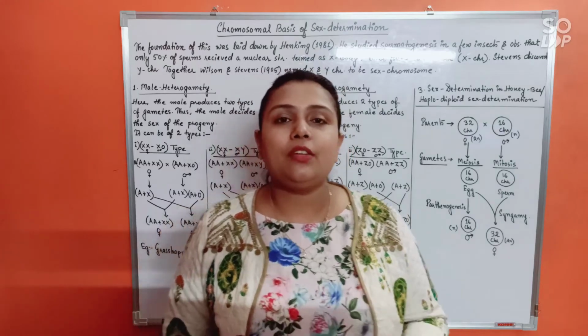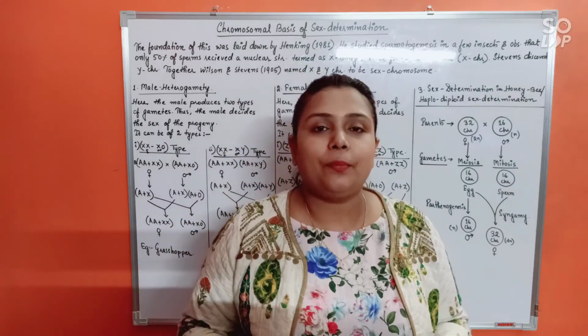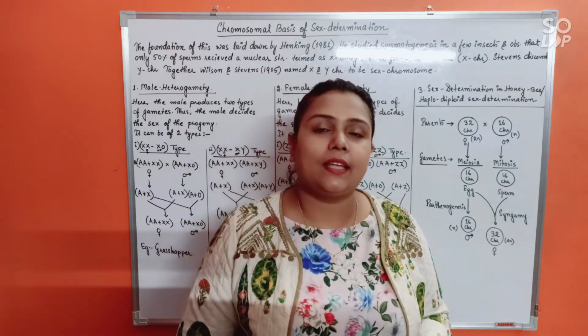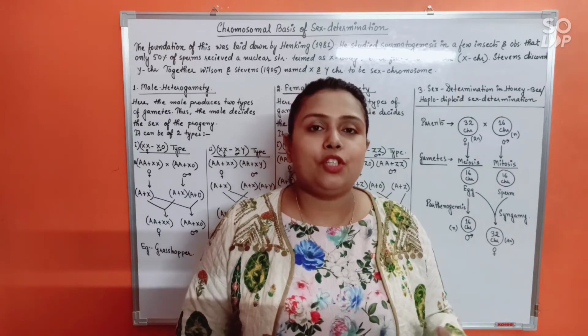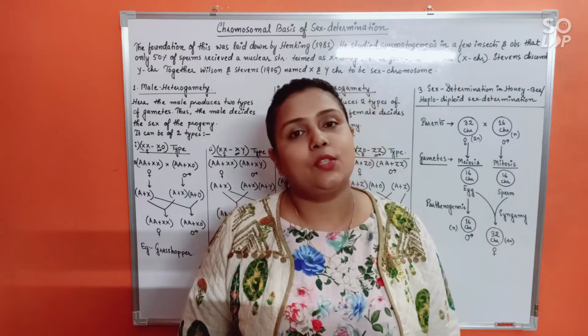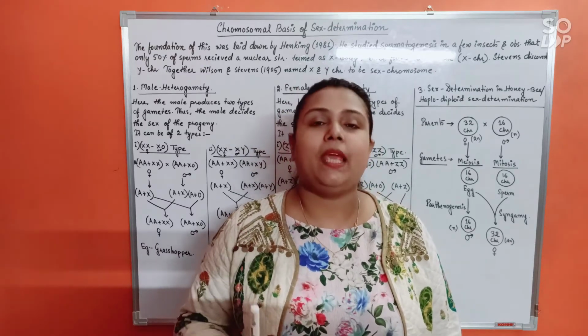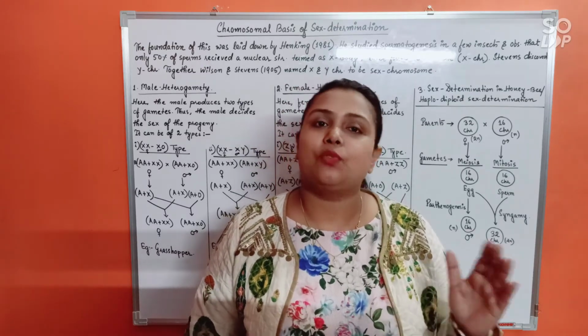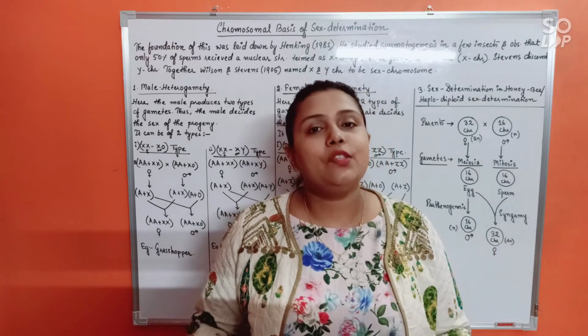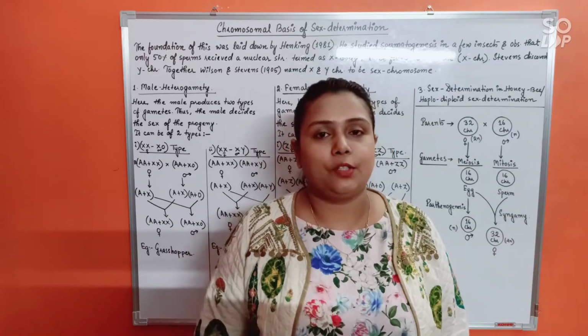Alright. So what I mean to say is that here, if the progeny is haploid, in that case it's a male. And if the progeny is going to be diploid, it's going to be a female. As simple as that. Males will be haploid and females will be diploid. Alright. So hence we call it haplodiploid sex determination.